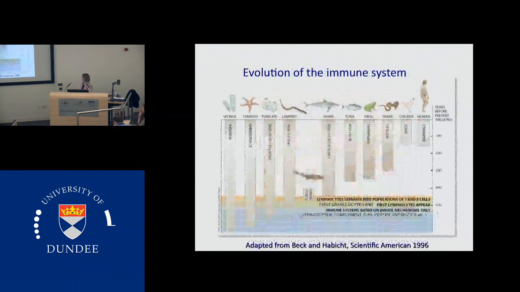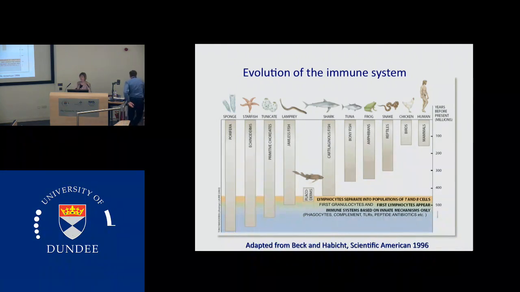And all these processes are very ancient, they're very evolutionarily conserved. And so, for example, we know that the most primitive organisms have cells that we would recognise as macrophages. They live in tissue and they're able to eat bacteria and promote wound healing.